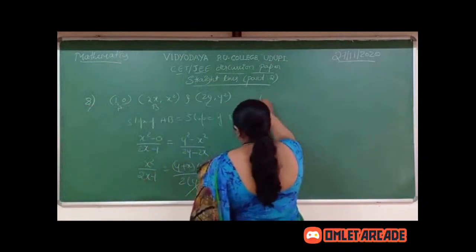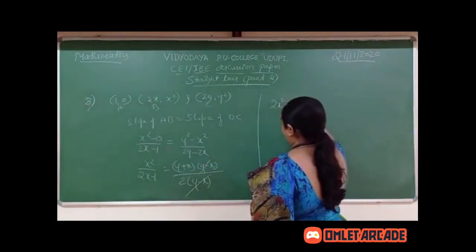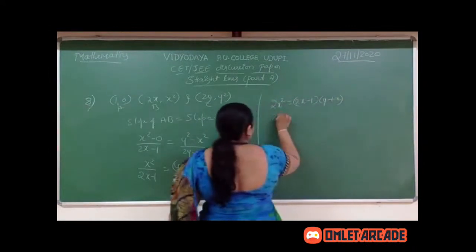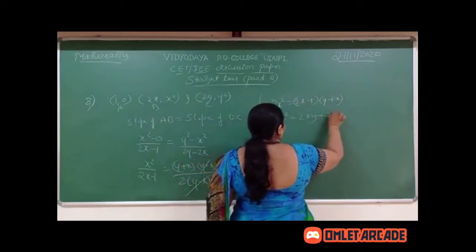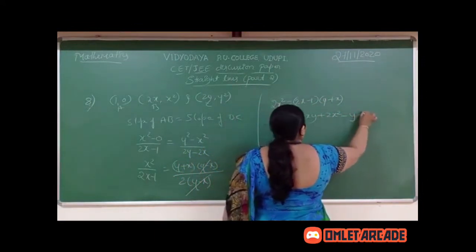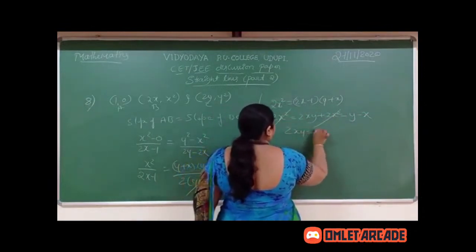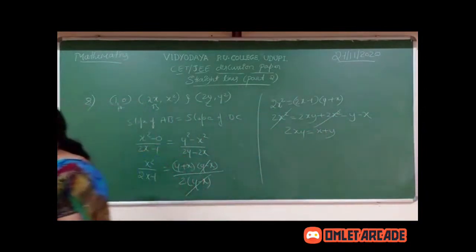And when you cross multiply this, what will you get? 2x square is equal to 2x minus 1 into y plus x. So 2x square is equal to 2xy plus 2x square minus y minus x. 2x square gets cancelled, so 2xy is equal to x plus y. Is it option 4, students?